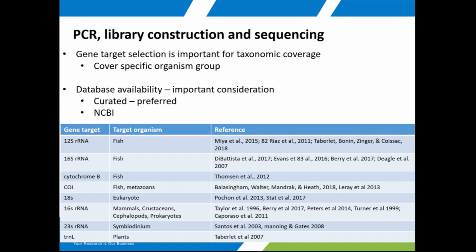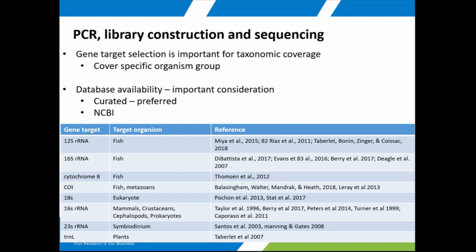My advice, if you want to know which gene target you should use for your project, is to look into publications that are closely related to your project. That would be the best advice I can give. Try to use their approach and their target region, and apply it to your study.